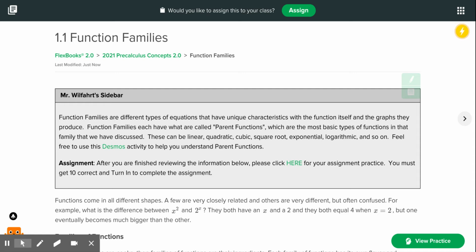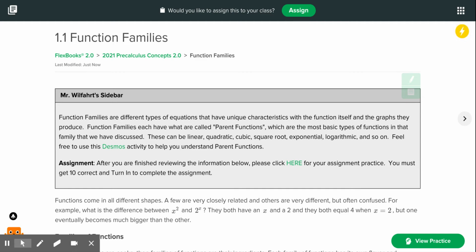And when we talk about families of functions, each one of those will have what is called a parent function, which is typically your most basic type of function and equation, which will give us a really basic graph of that. We have talked about many of these before.